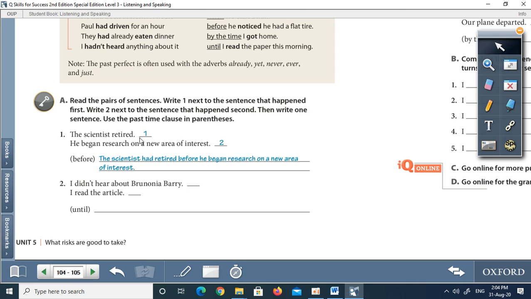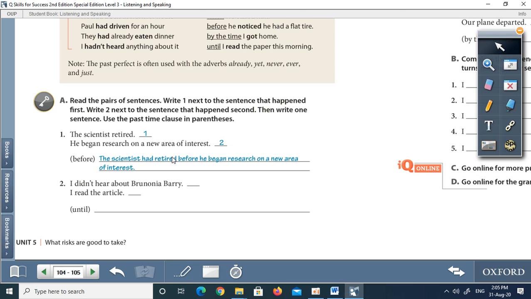Okay, if we look at number 1, the scientist retired first, and then he would have begun research on a new area of interest. So we will put 1 against the scientist retired because that happened earlier, and then we will put 2 against the other action which happened later.